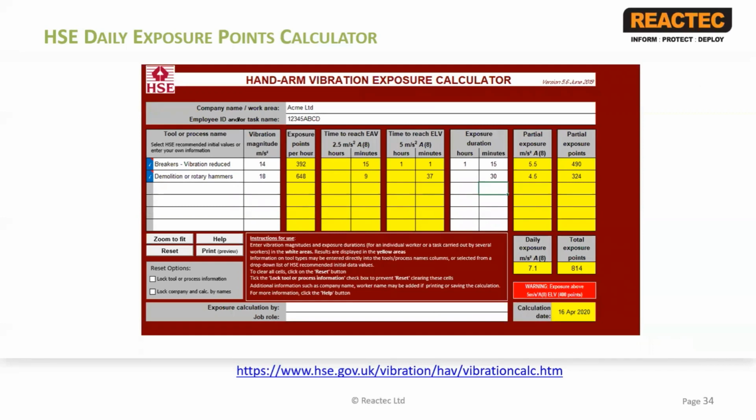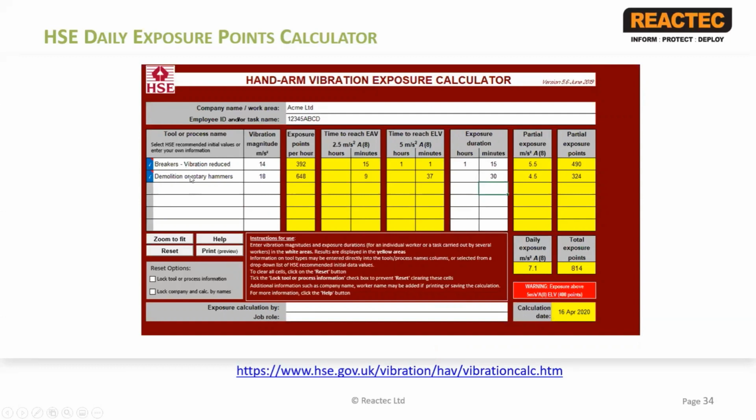On the website, the HSE also have an exposure calculator, which allows you to combine multiple tasks and provide the exposure points. And what you can see is it provides a drop-down box from which you can select a number of different typical tools.